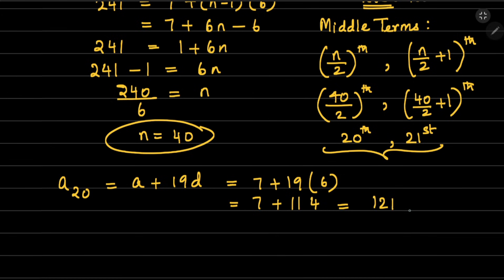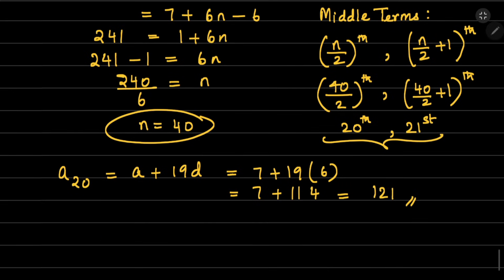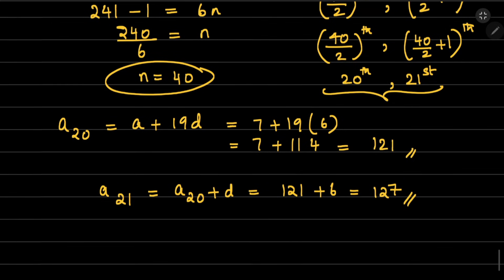So I'm getting the 20th term as 121, and the 21st term will be the 20th term plus D, isn't it? So I can easily calculate 121 plus what is D? It is 6, which is 127, right? So these are the two middle terms. That's your answer.